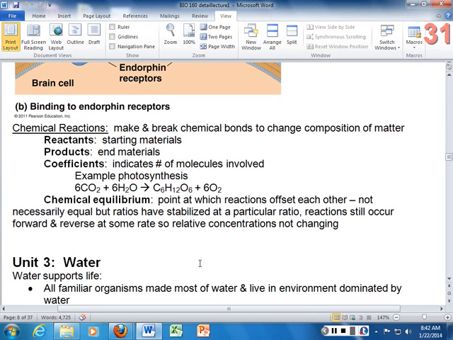So when we look at chemical reactions, usually they're written out with an arrow. On the left side of the arrow, you're going to have the reactants, what you start out with. And you're going to have your products on the finishing side. You're going to have these coefficients that give you the relative amounts of things.